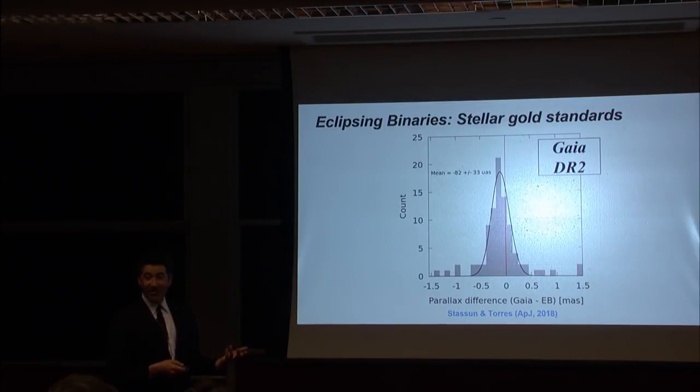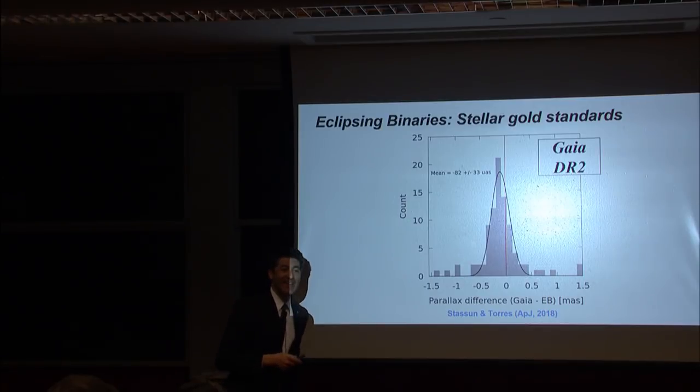If you're a glass half full kind of person, you would say, and this is what I would say, that the Gaia team, in my opinion, has done a remarkably good job of characterizing the uncertainties, including the systematics. In the Gaia DR2 release, the Gaia team made it clear that they expected up to a 100 micro arc second systematic offset. And I would say we have confirmed that.